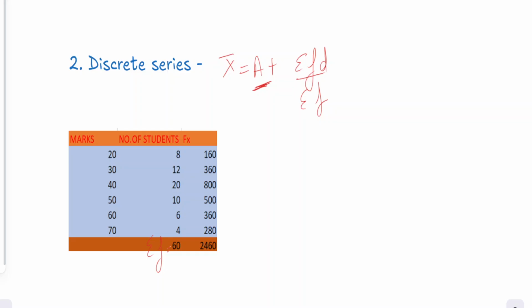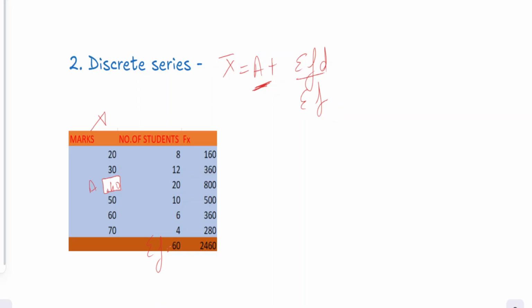As we have done in the previous example, we have to assume it from the x values. You can assume 20, 30, 40, 50, whatever value you want. For the time being I am assuming 40 as my assumed value.